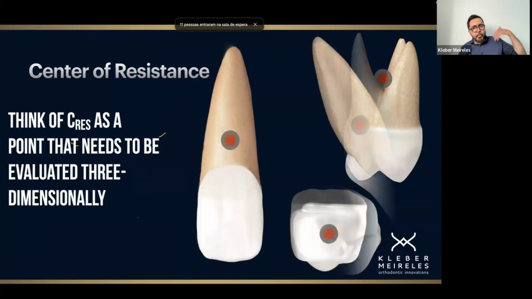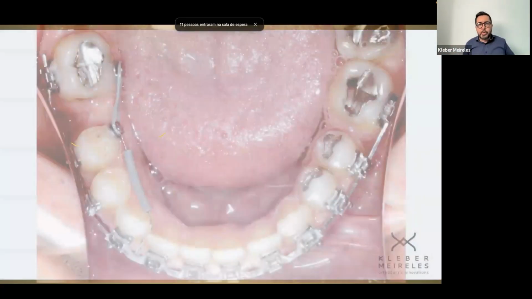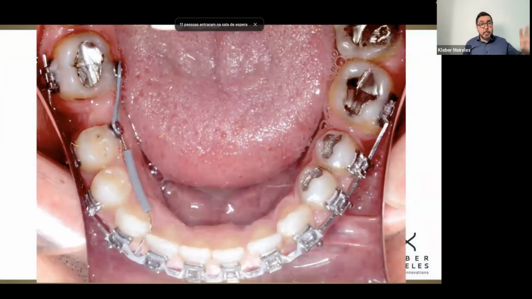And let's move back to that concept that we used before. This is the same thing for single-rooted teeth, okay? Same thing, but look at this. In the majority of the cases, I don't want the rotation of the molar during this movement.